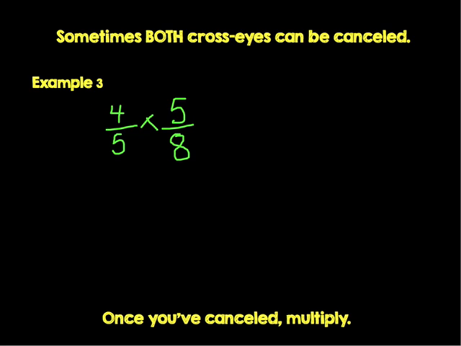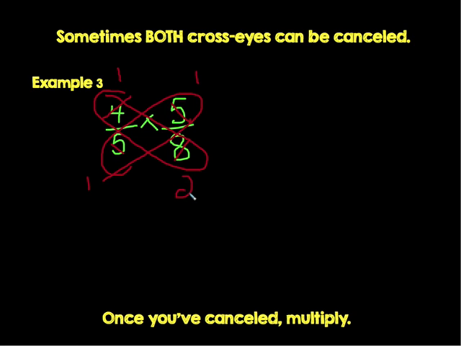So if I look at my crosses, okay, I've got this cross that I can divide, and I've got this cross that I can divide. So the 5 and the 5 cancel to a 1 and a 1. And the 4 and the 8 can be divided by 4. 4 divided by 4 is 1. 8 divided by 4 is 2.